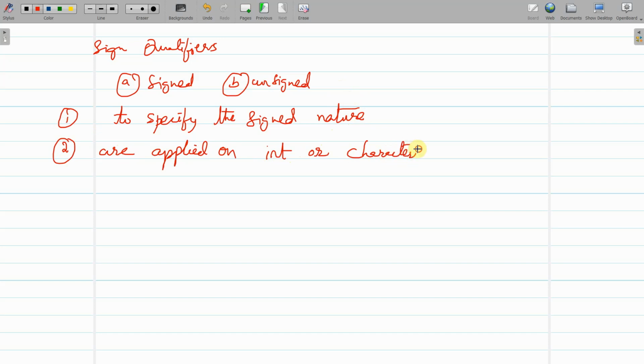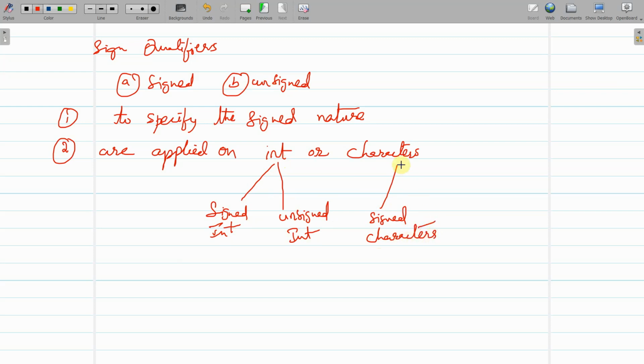Based upon this effect, the integers are classified into signed integers and unsigned integers, and characters are signed characters and unsigned characters.